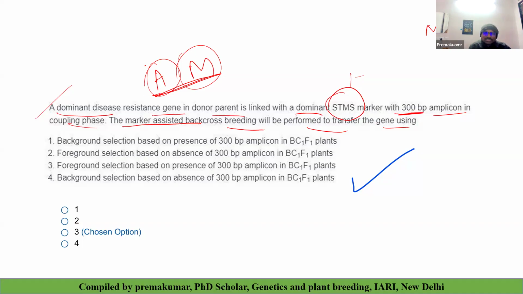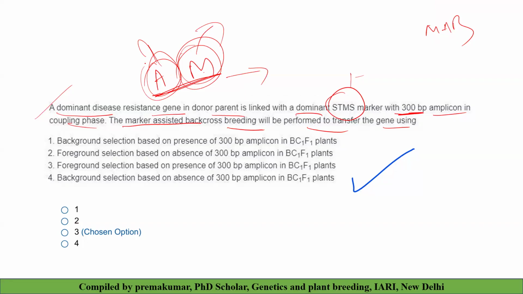If you want to select this gene, you have to use this marker. Means you want to select this trait, you are using this marker. Which type of selection is this? Third option, foreground selection.